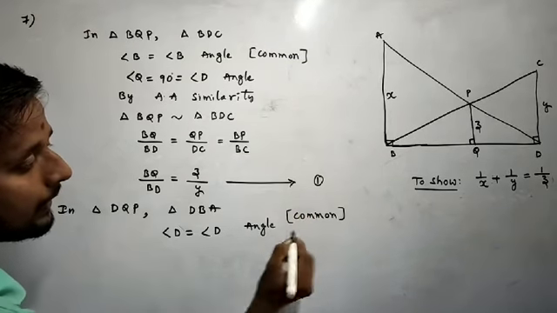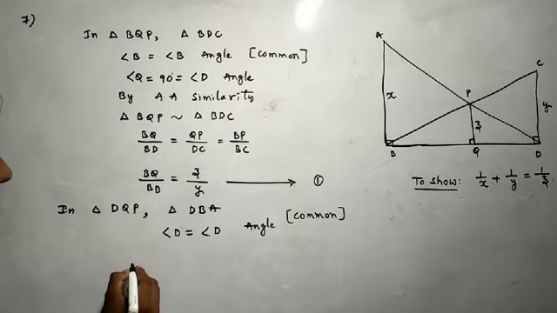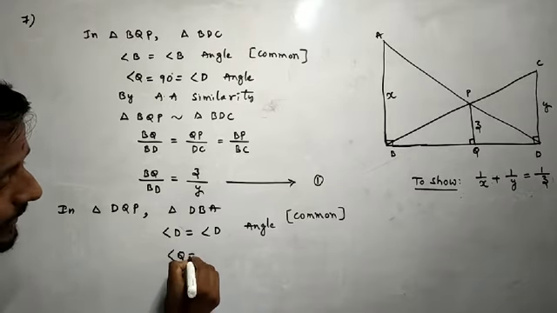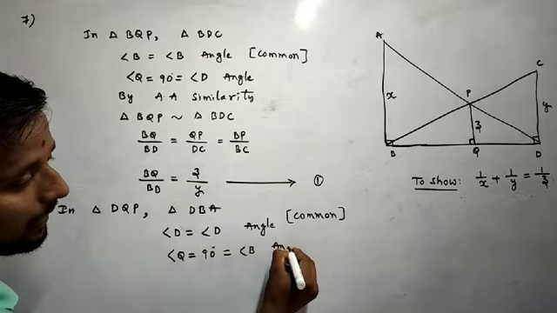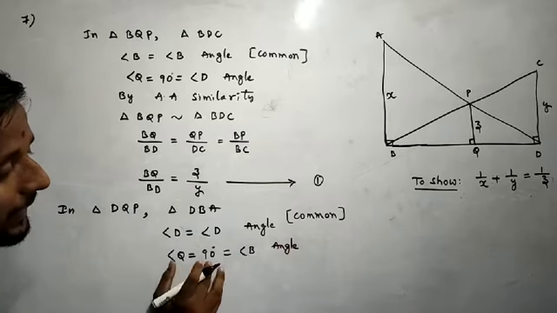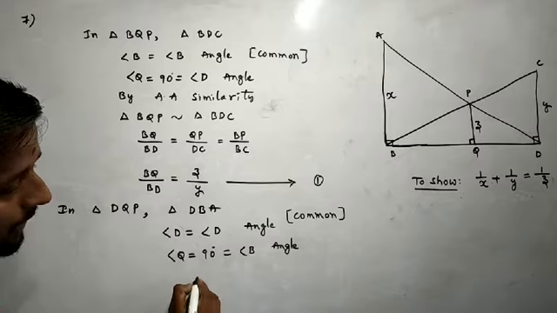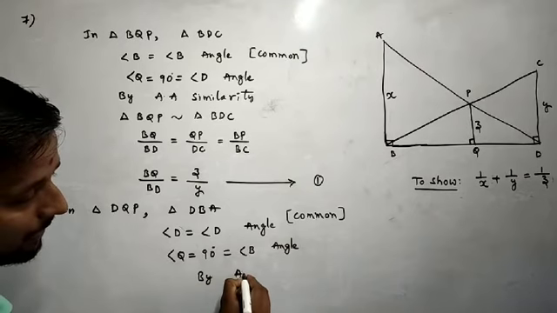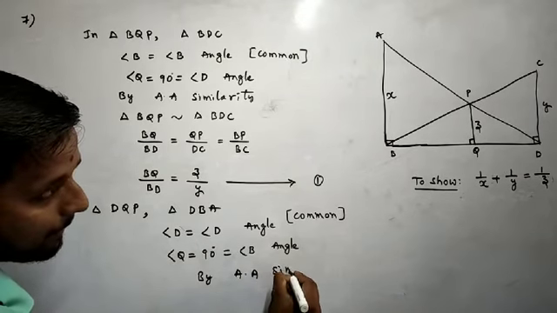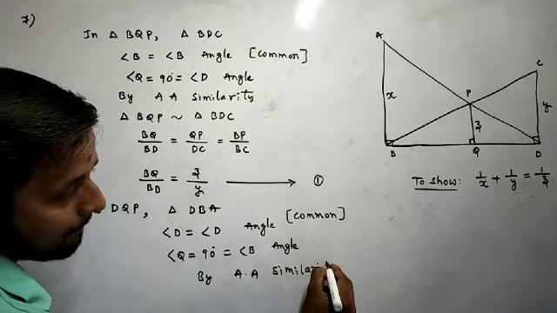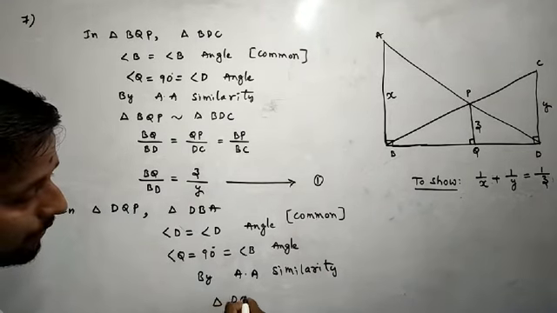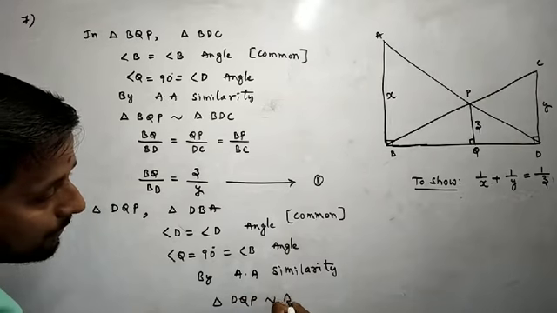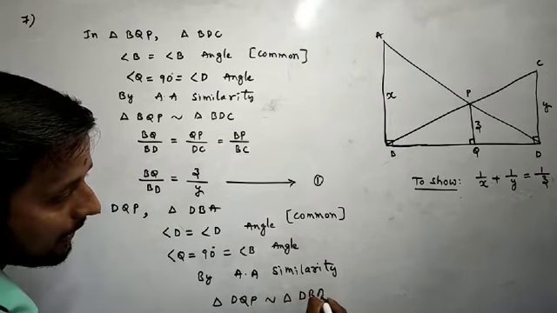Next, angle Q is equal to 90, that is equal to angle B, because both angles are 90. So I'll write by AA similarity, triangle DQP is similar to triangle DBA.